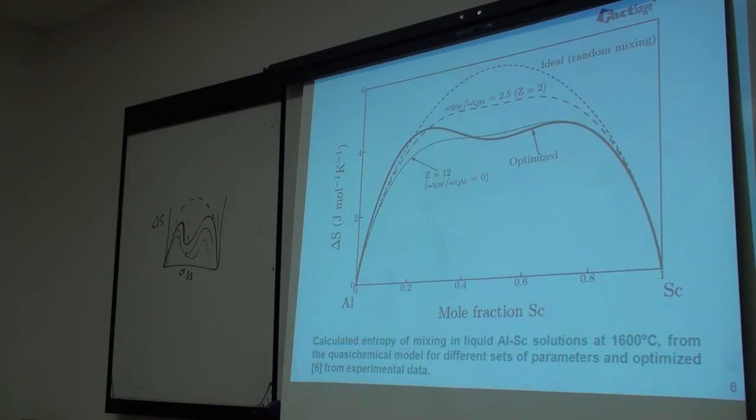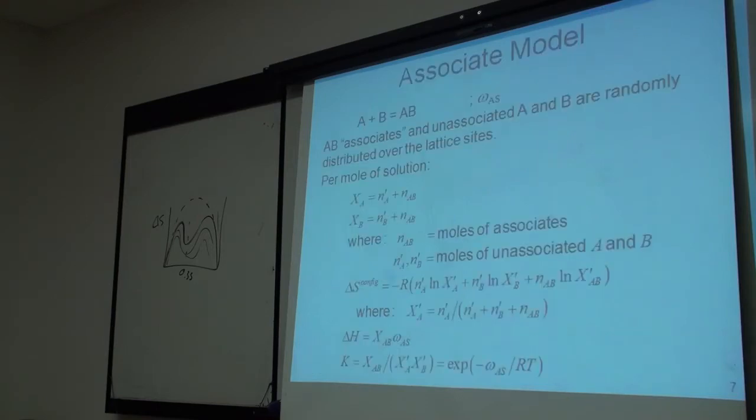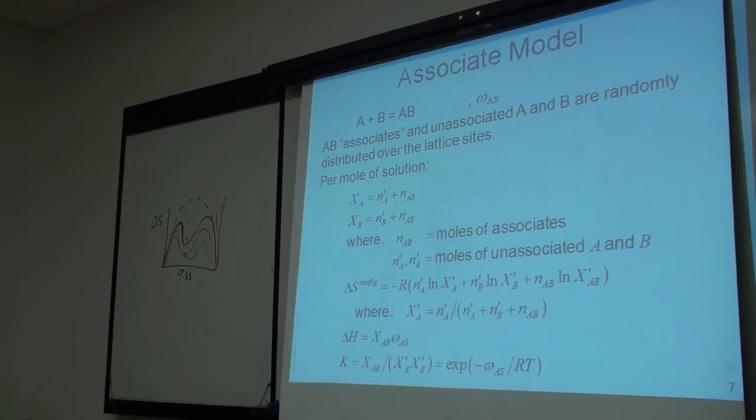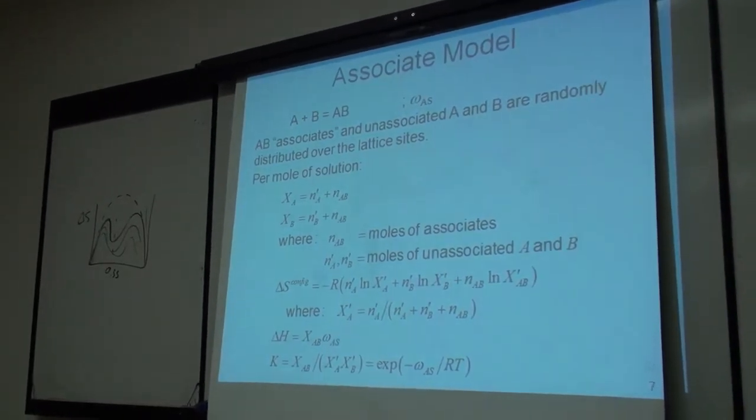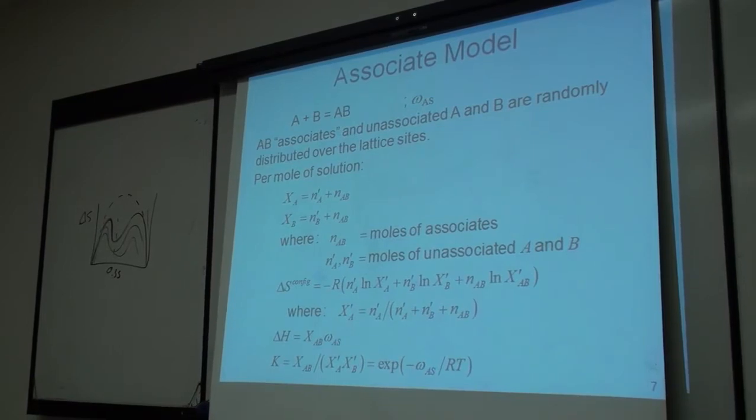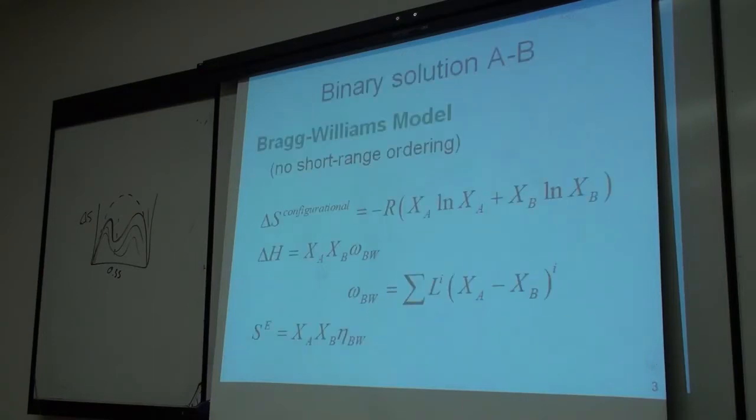So how are we going to fit this up to a model? This is called the associate model. This is not the modified quasi-chemical model. This is the associate model. Just let me show you my notation.